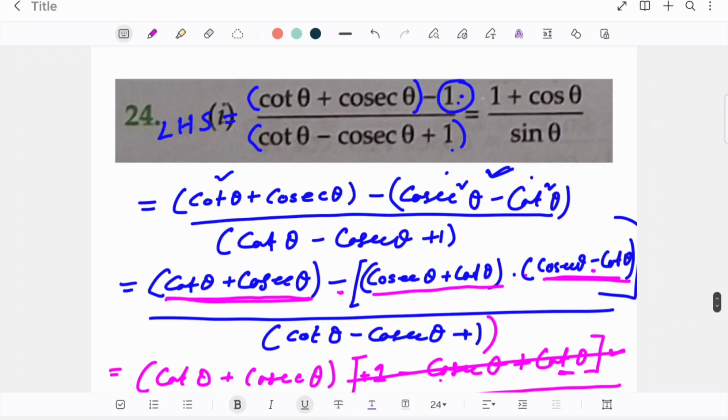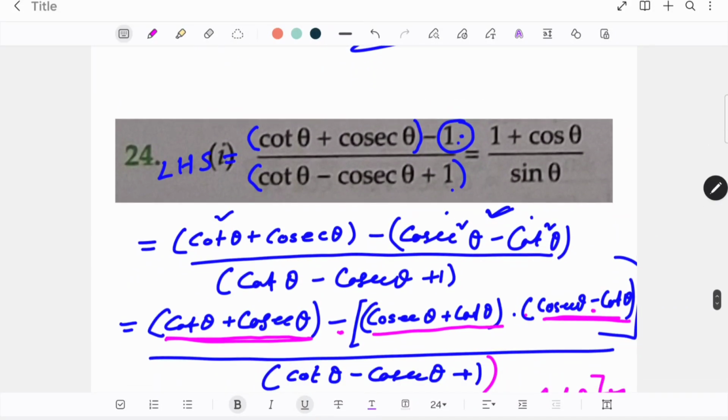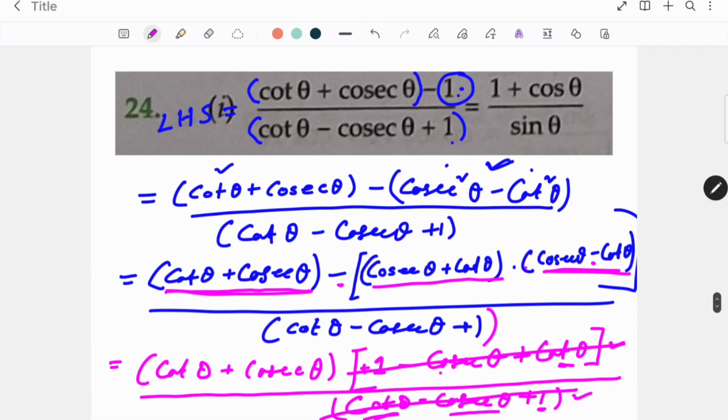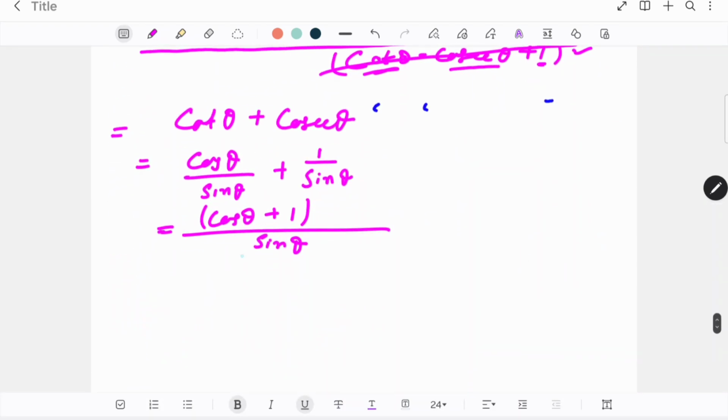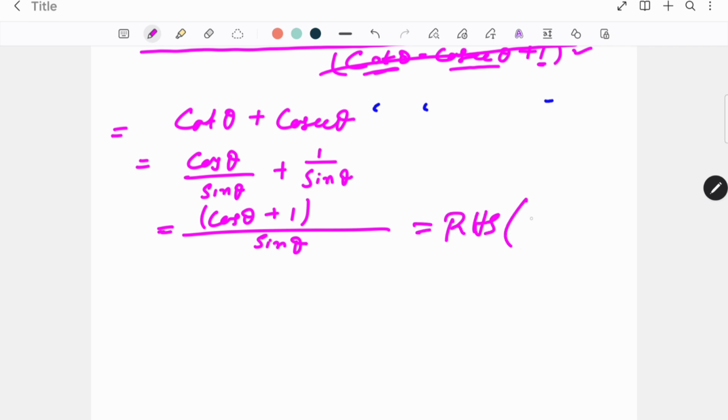Our RHS is 1 plus cos by sin, and our answer is also 1 plus cos by sin. We got the RHS, you can write equals to RHS, hence we have proved it.